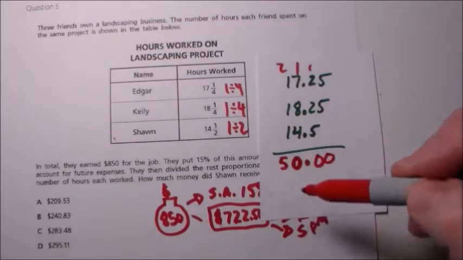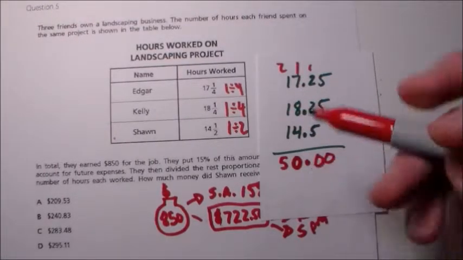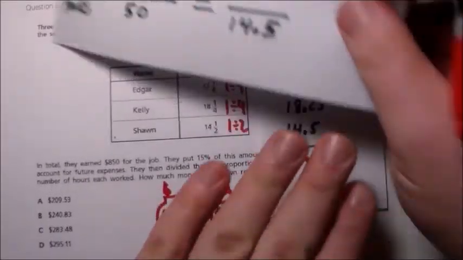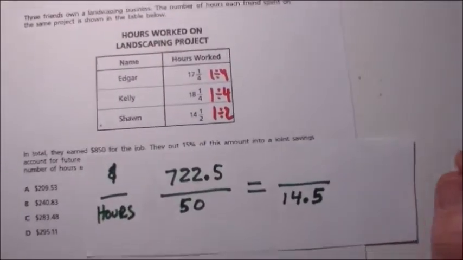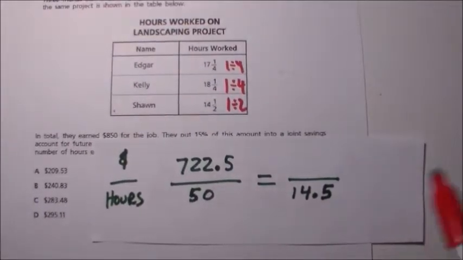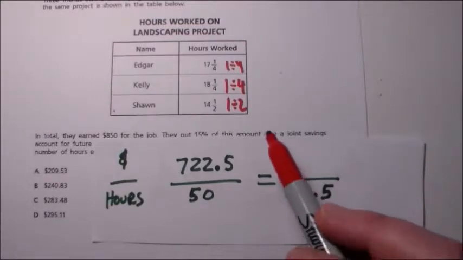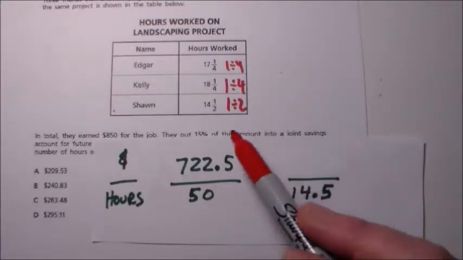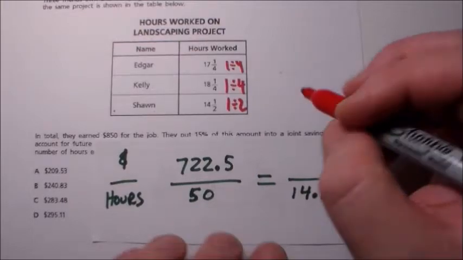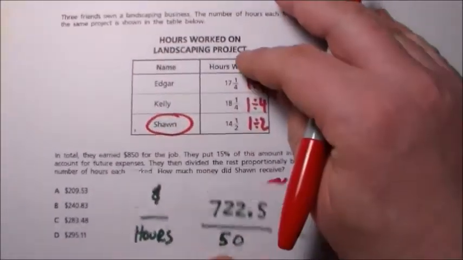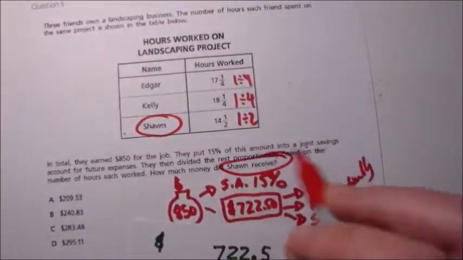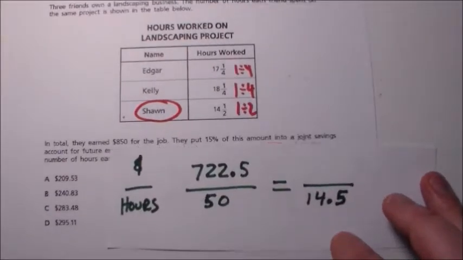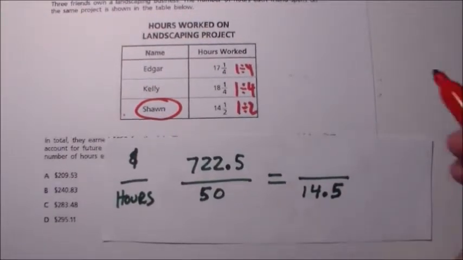But we know that $722.50 is going to be proportional to 50 hours worked. And how much did Sean work? Well, he worked 14 and a half hours. Remember, the question is, how much did Sean receive? So we're just going to do a proportional relationship.